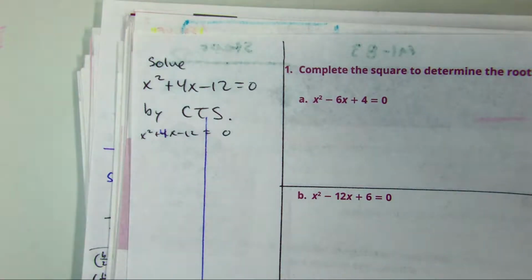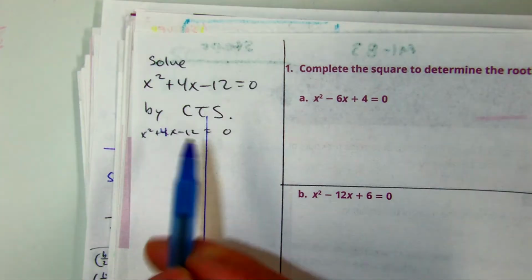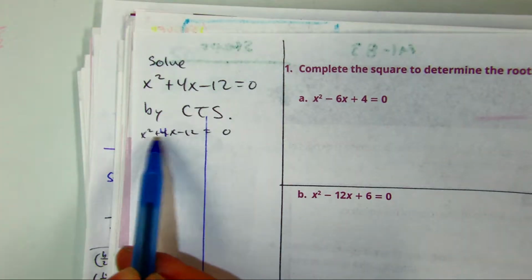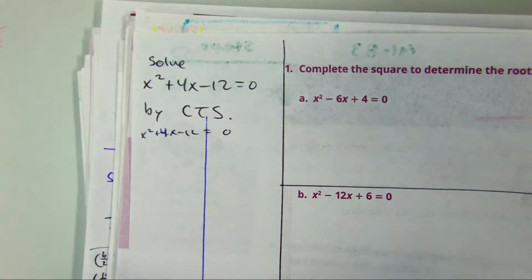Step number 1, Ariana? It's okay to read it to us. Which one is our leading coefficient? X squared, 4x, or negative 12?